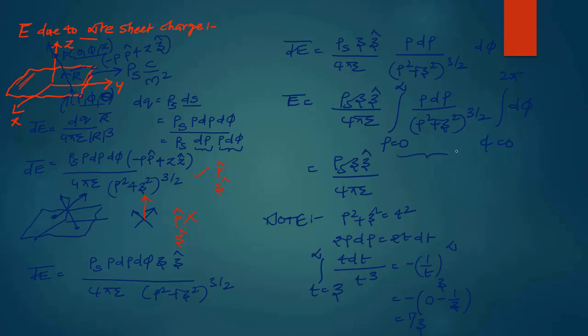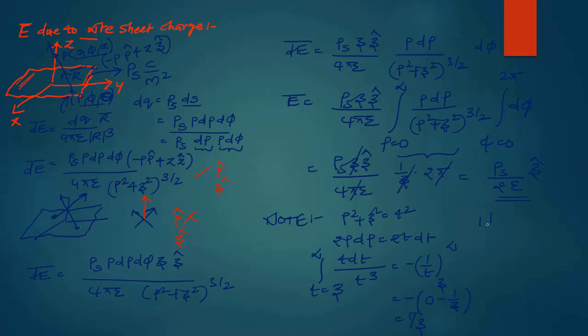And the integration of 1 with respect to phi is phi. If you substitute the limits, you will get 2 pi. So what did we get now? z will be cancelled, pi will be cancelled, 2 ones are 2, 2 twos are 2. That means you are getting rho s by 2 epsilon z cap. This is the electric field due to an infinite sheet of charge.